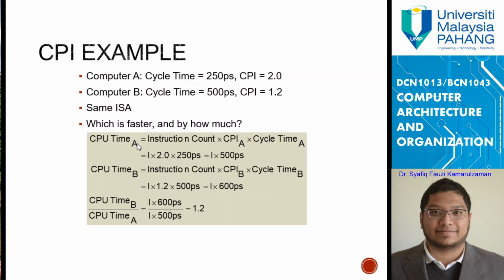So CPU time A is equal to instruction count times CPI A times cycle time A. Imagine here the instruction count is 1.